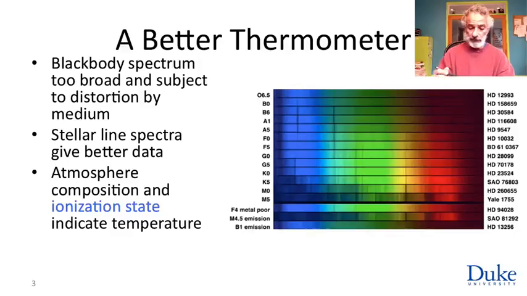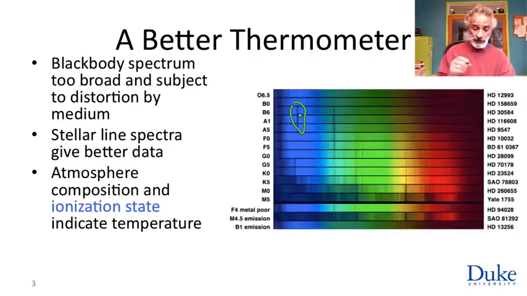Notice there are spectral lines that are very prominent, say, between the Bs and the As, but almost absent in the O-type stars, and then disappear again in the F stars. These, for example, are the Balmer lines of hydrogen.